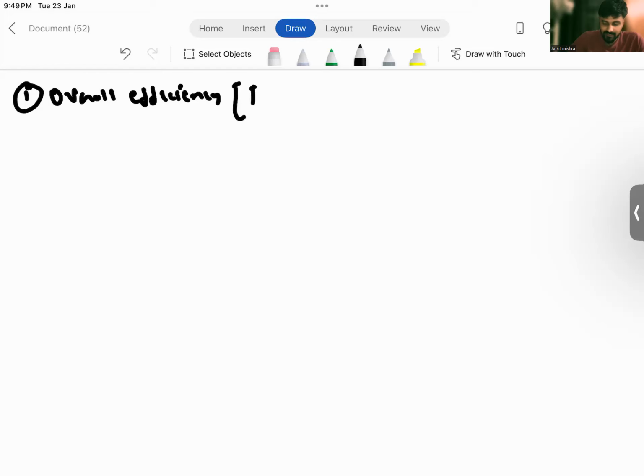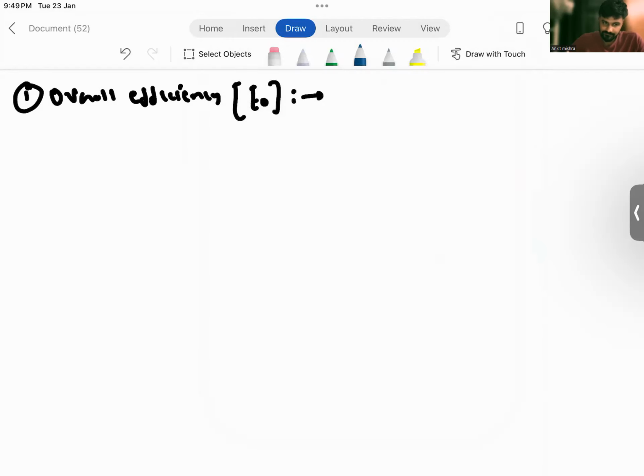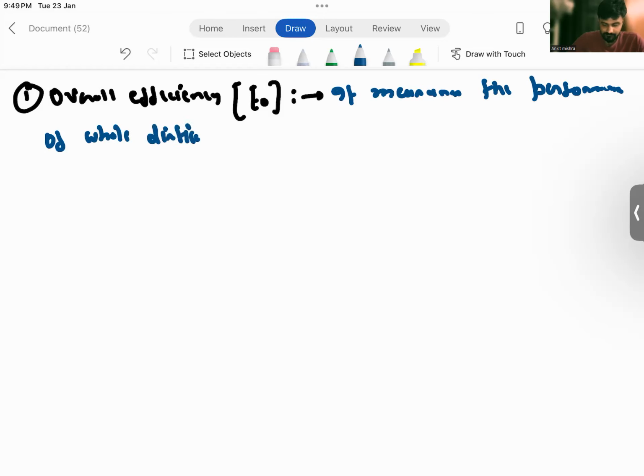I'll be denoting it as E note. E note can be defined as: it measures the performance of the distillation column.